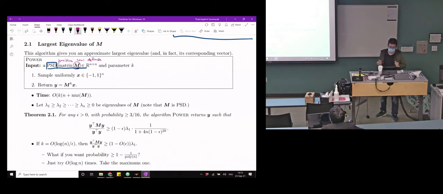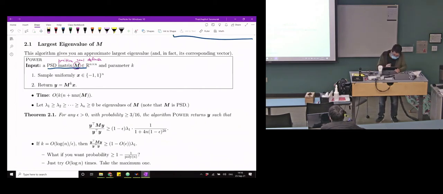So you have some matrix M, and suppose that I want to estimate the largest eigenvalue and its corresponding vector. How to do that?